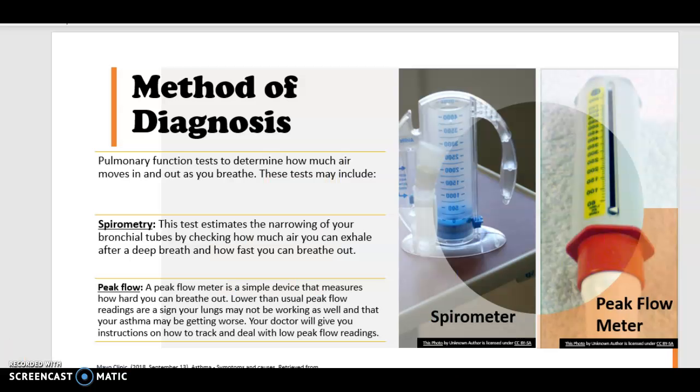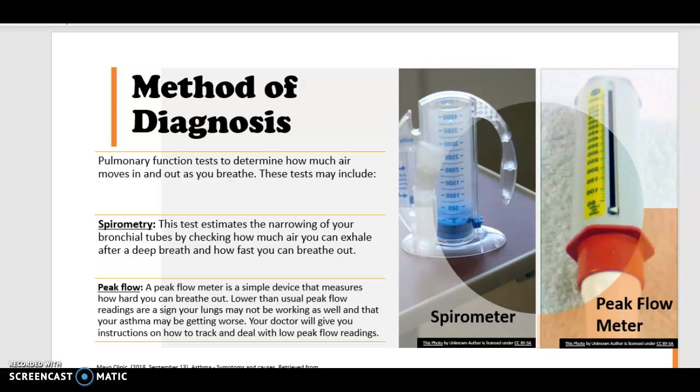So a spirometry and peak flow meter are a couple of instruments used to help diagnose asthma. So lung function tests often are done before and after taking a medication called a bronchodilator, such as albuterol, to open your airways.